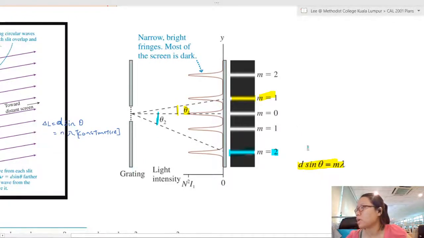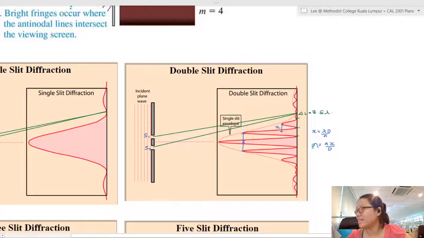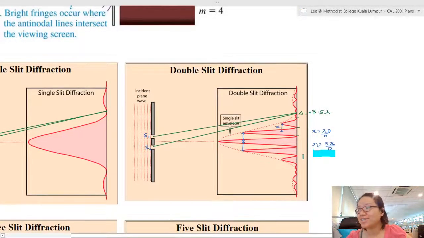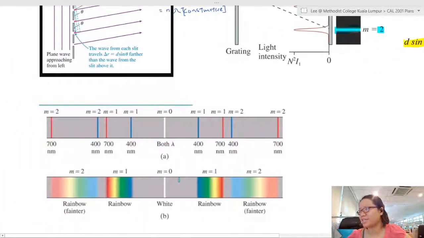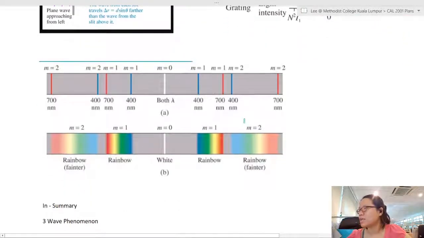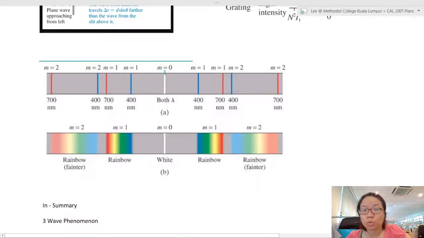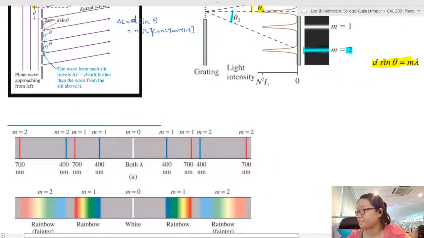It is something that you have already known because we have used this to derive this. You remember? Okay, so I'm going to put it together. But before that, what happens when we pass through a light with one wavelength? With one wavelength, you have a fixed value to sub into this equation, right?